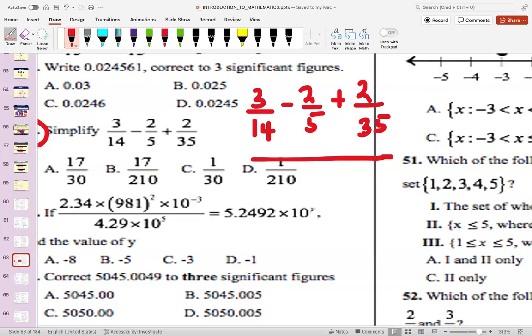So I did tell you in class that when you can't find any number that is common to all of them, what you do is that you multiply all the numbers at the denominator. So we multiply 14 by 5 by 35, and then we record it here.